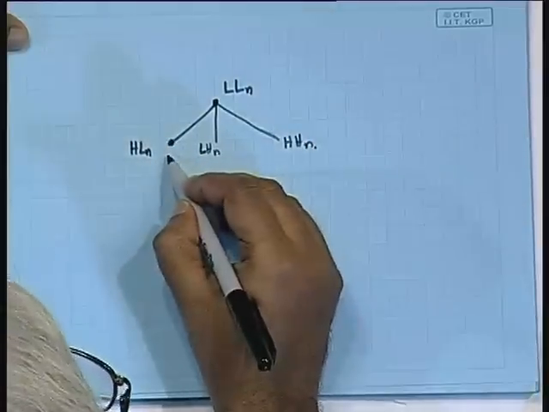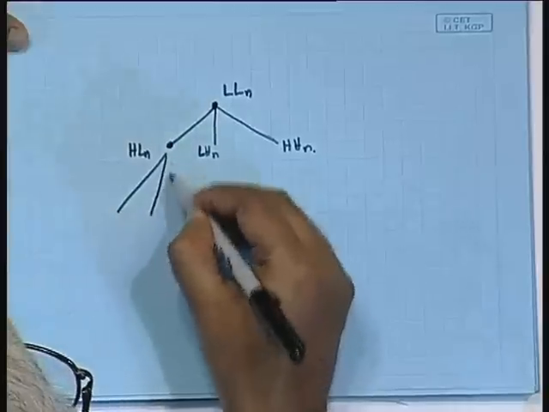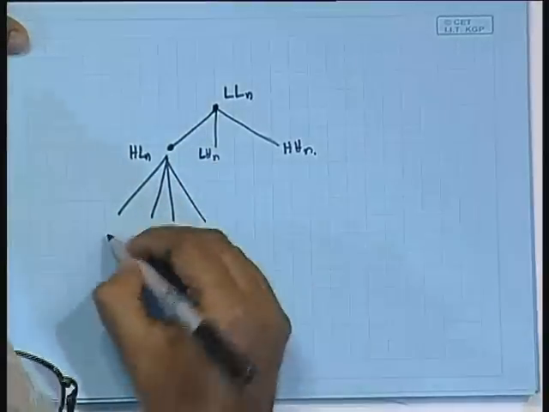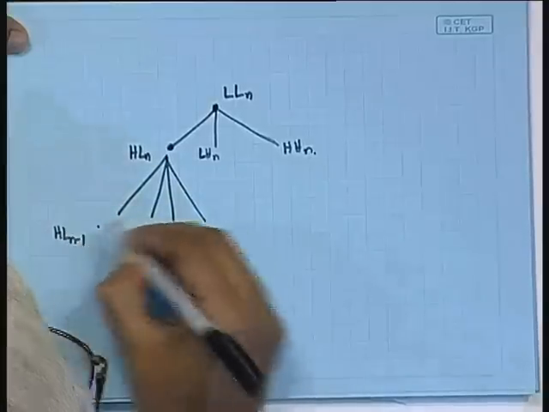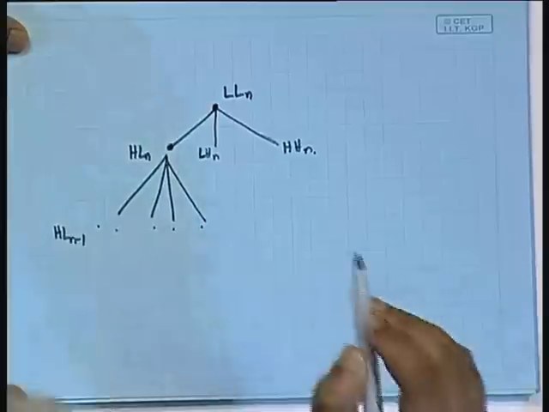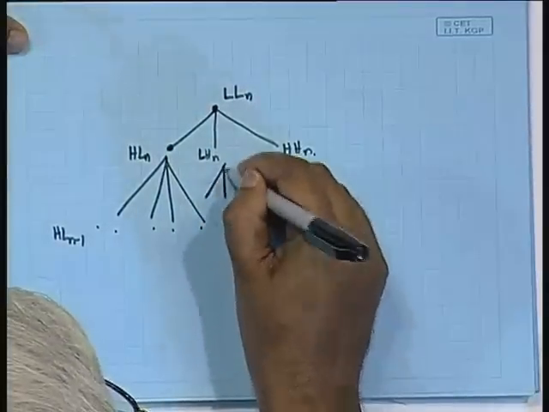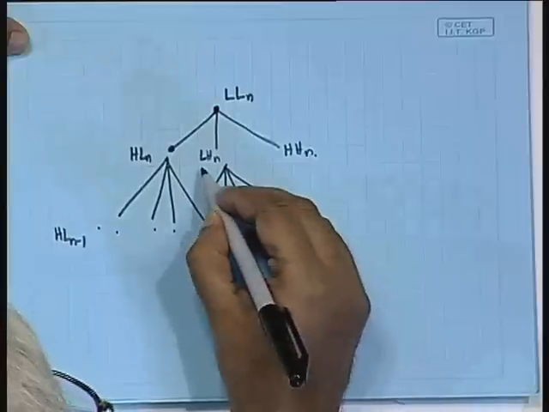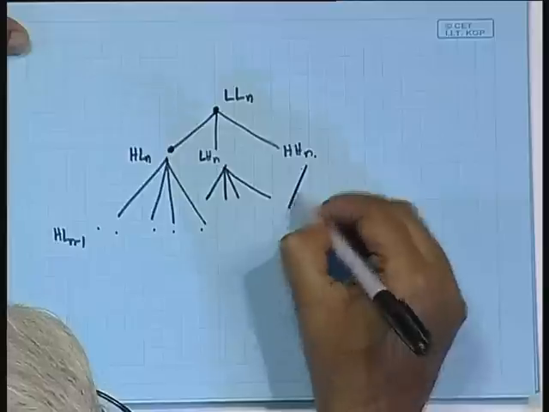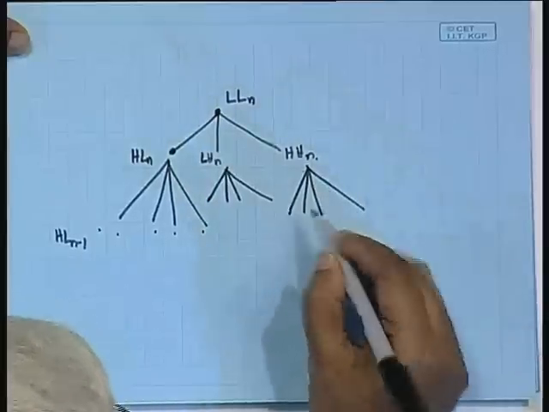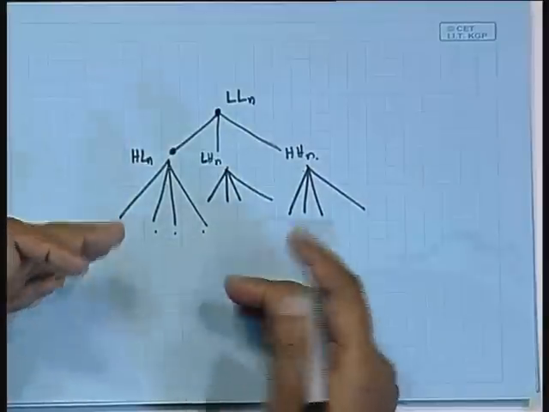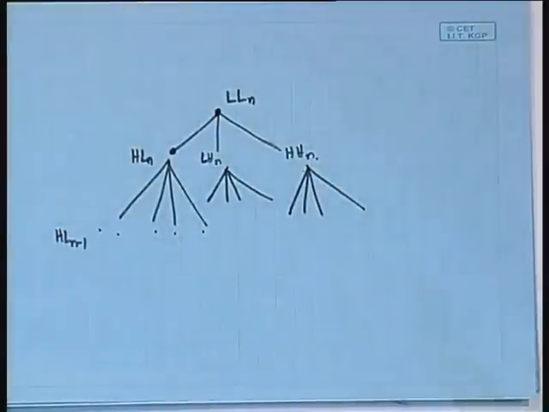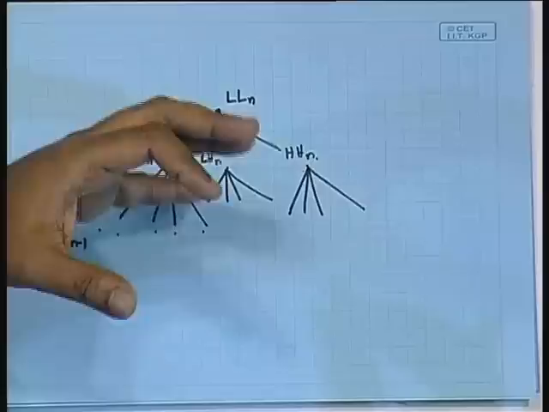Now, every pixel in HLN will have 4 descendants in HLN minus 1. LHN will have 4 descendants in LHN minus 1. HHN will have 4 descendants in HHN minus 1. Individually, each of these will have 4 descendants further down in HLN minus 2, LHN minus 2, HHN minus 2, like this.